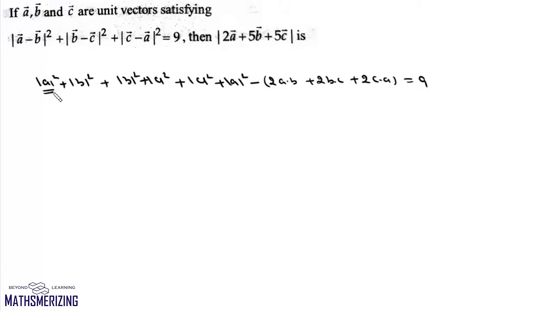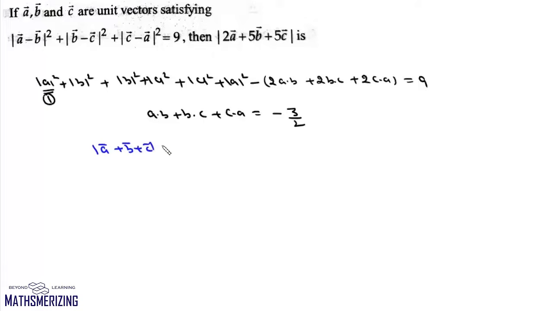Now since they are unit vectors, each of these mods is 1. So from here we'll get A dot B plus B dot C plus C dot A is minus 3 by 2.